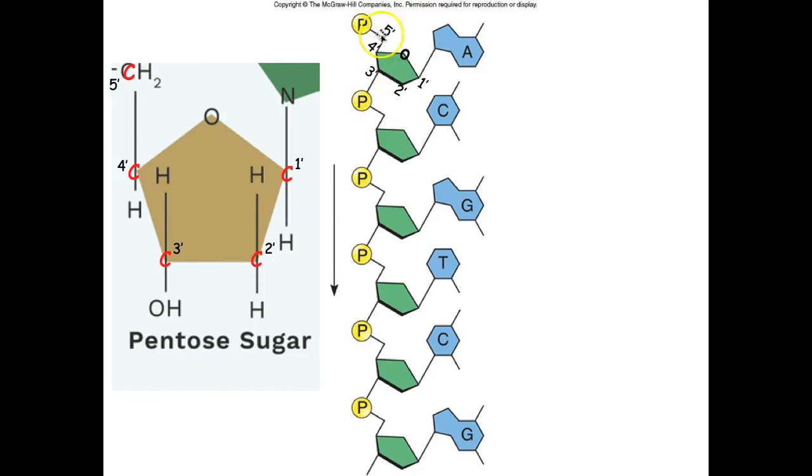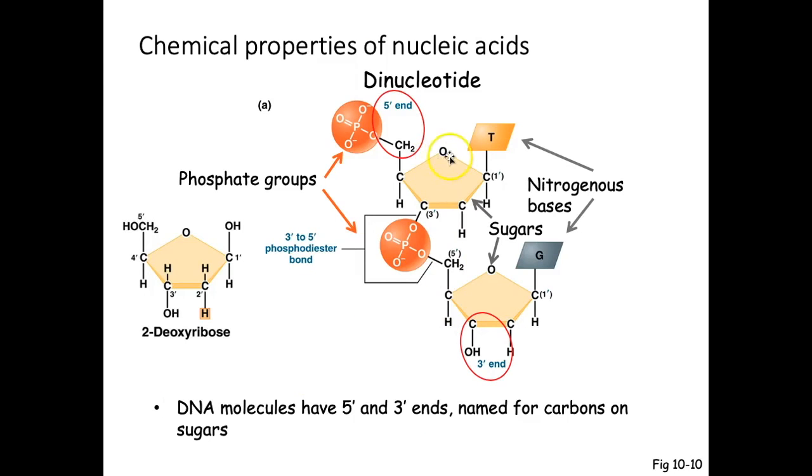And that's going to be the same here too. This one's going to be 5 prime and this one's going to be 3 prime. Same here: 5 prime, 3 prime, 5 prime, 3 prime. So this strand is described as running 5 prime to 3 prime because of the direction of the carbons in the pentose sugar. I'm going to show you that again with a slightly different image.